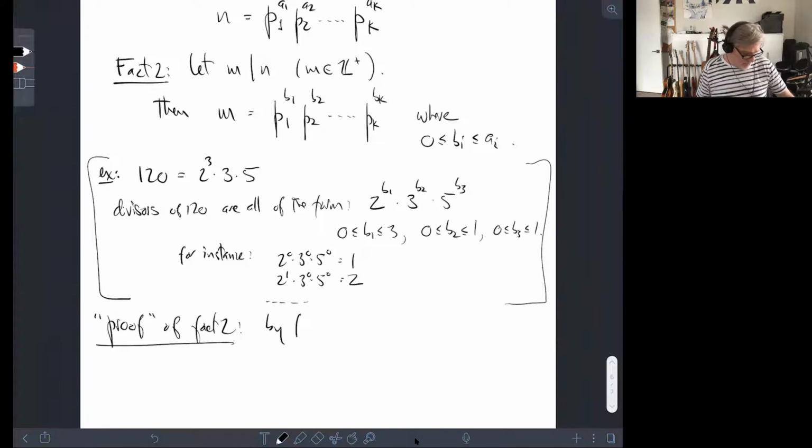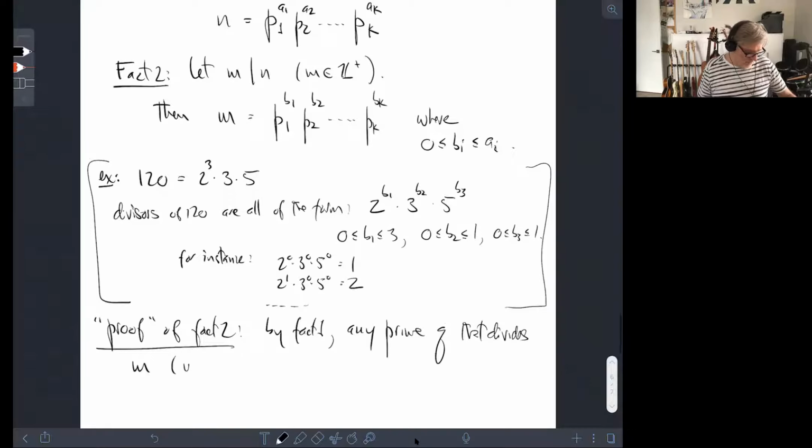By fact 1, any prime q that divides M will also divide n, and is in P1 to Pk.